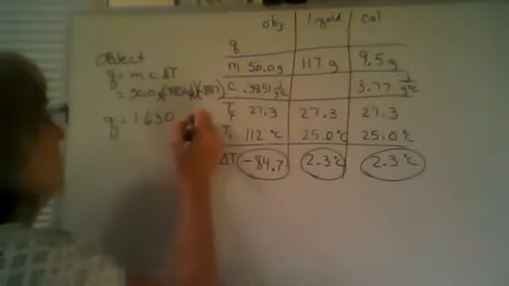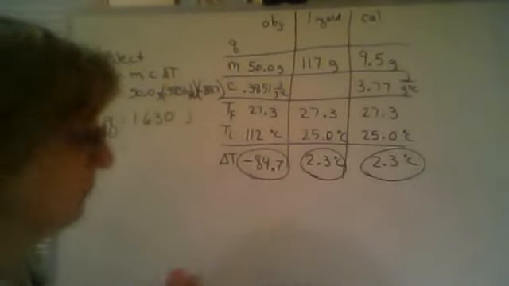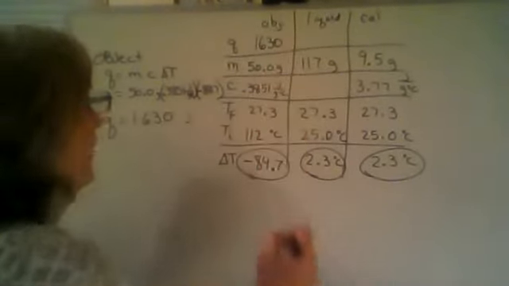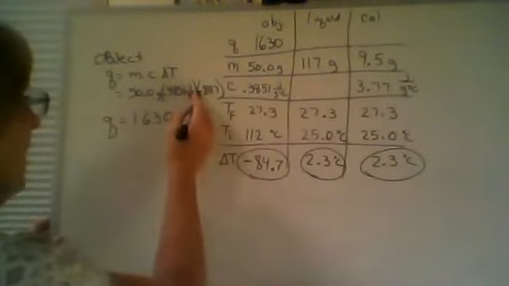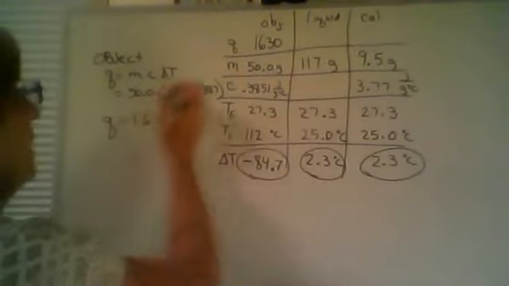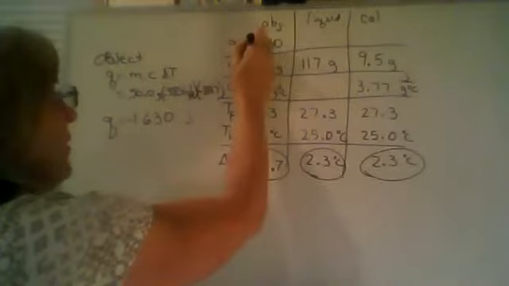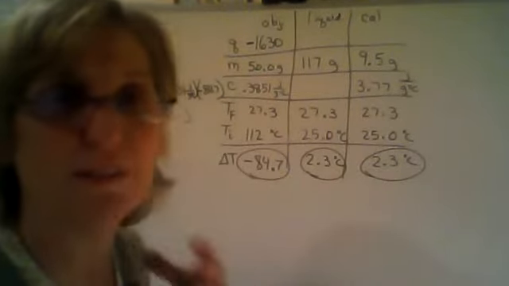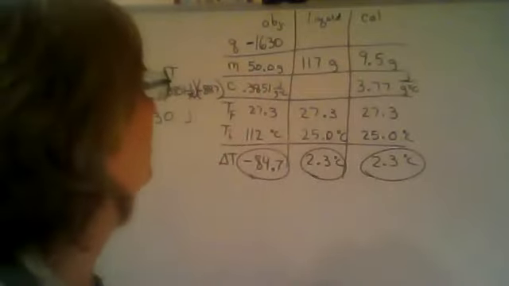That works. Okay. 1630. There's a negative sign. This would be negative. Okay. That object is losing energy, so its energy has to be a negative sign.